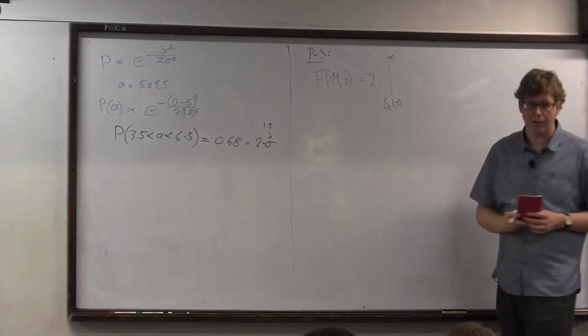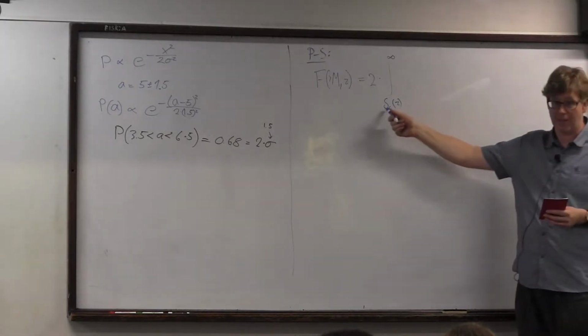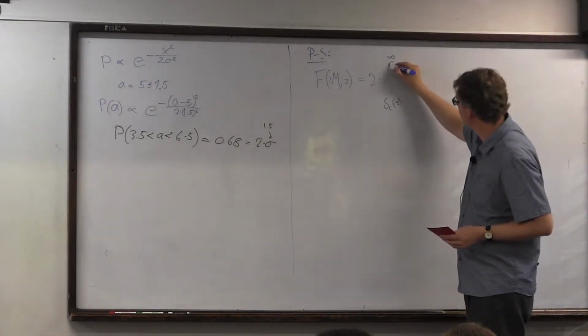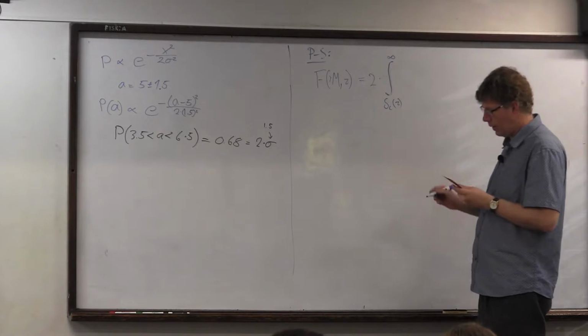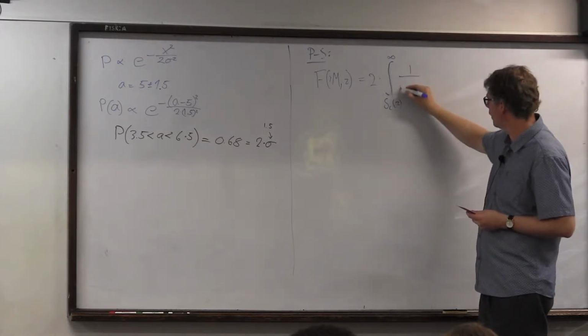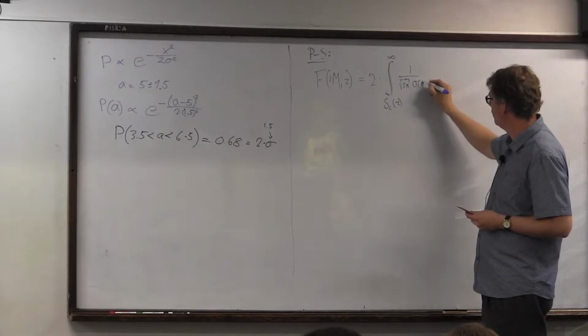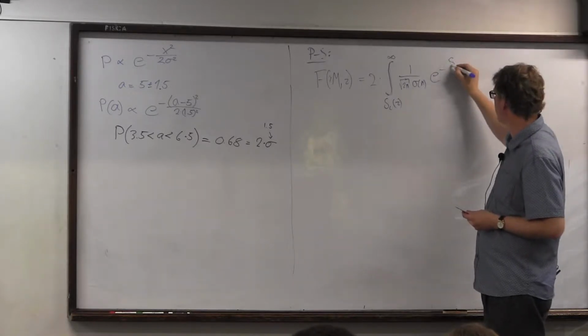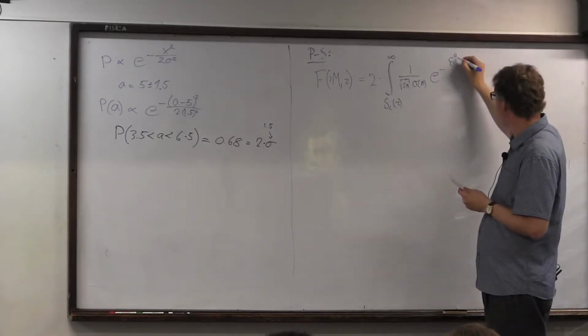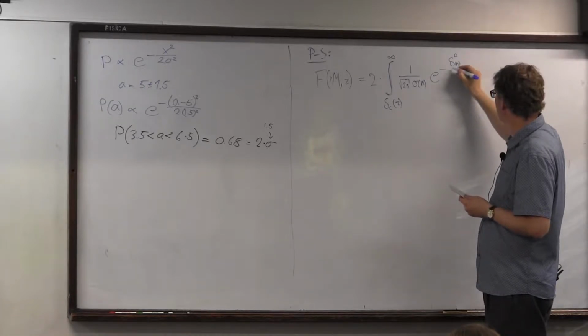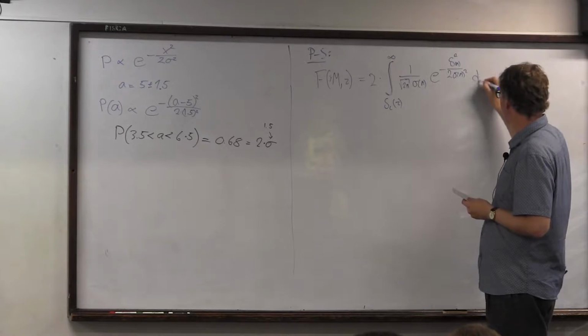So it's all overdensities greater than this collapse density, which we define from the spherical collapse model. And then here there's this Gaussian function again, 1 over square root of 2 pi sigma of m, e to the minus delta squared over 2 sigma of m squared, d delta.